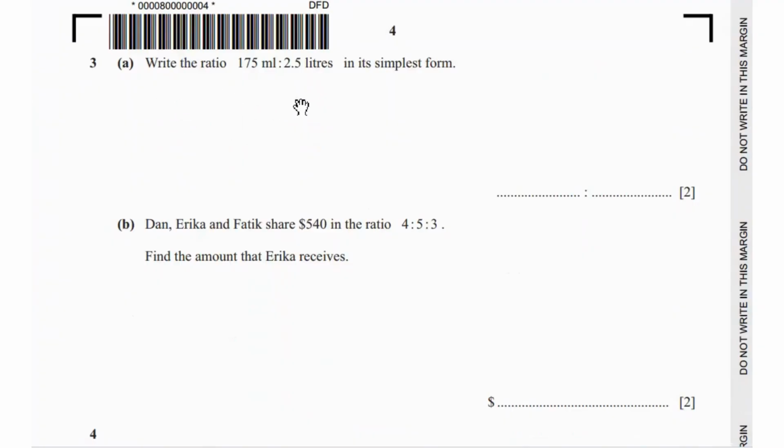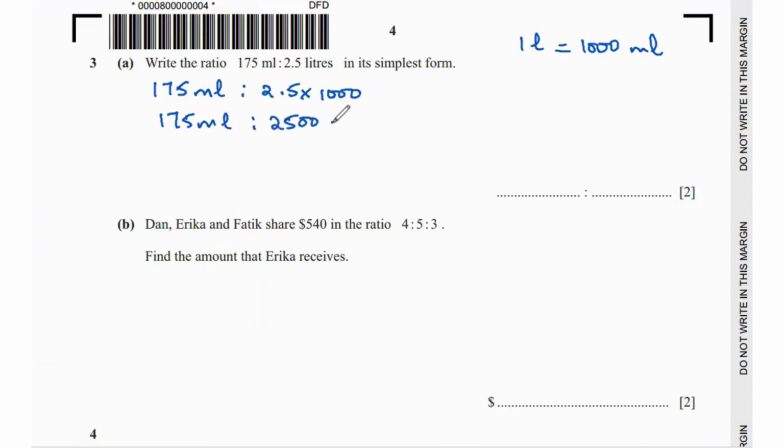Then write the ratio 175 ml is to 2.5 liters in its simplest form. So we know 1 liter is 1000 ml. So that means 175 ml is to 2.5 times 1000. So that's going to be 175 ml is to 2500 ml. So now we can simplify it. 175 and 2500 come in the 5 times table.